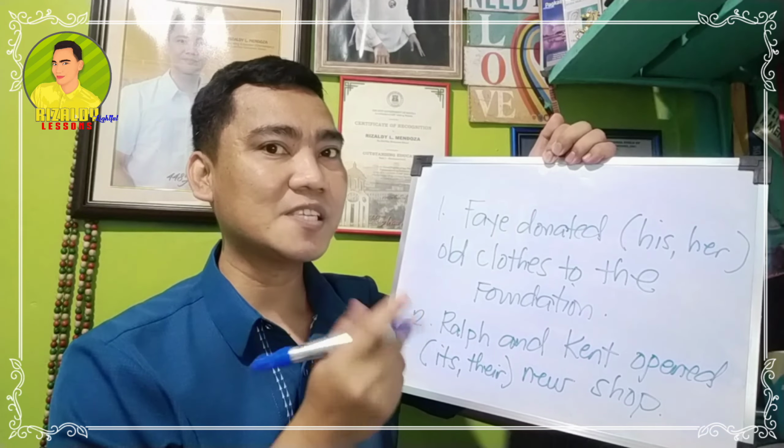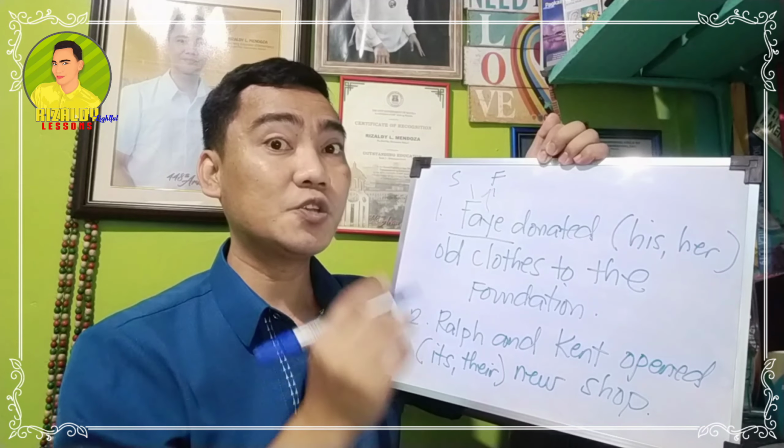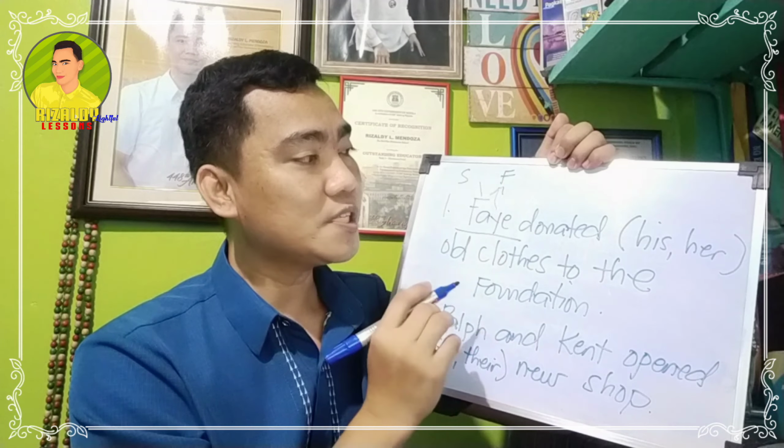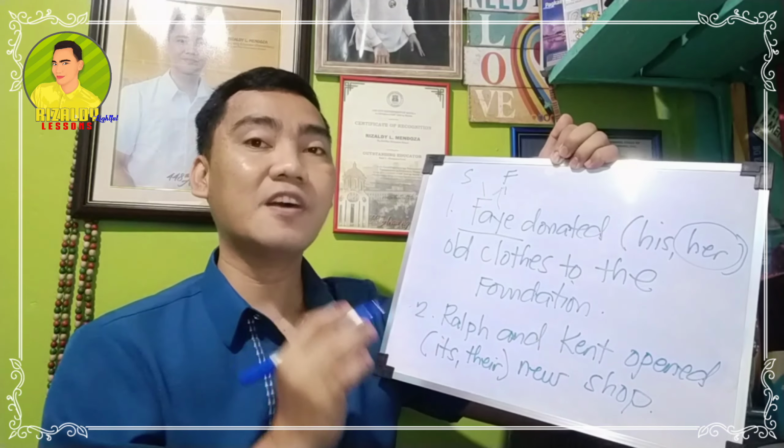You need to know first your subject. Apply what you have learned about subject. You need to apply also what you learned about number in grammar, if it is singular or plural, how many of them in the subject. So we have Faye, Faye is singular, right? And it's feminine. So the most appropriate to choose here is, very good, her. Faye donated her old clothes to the foundation.